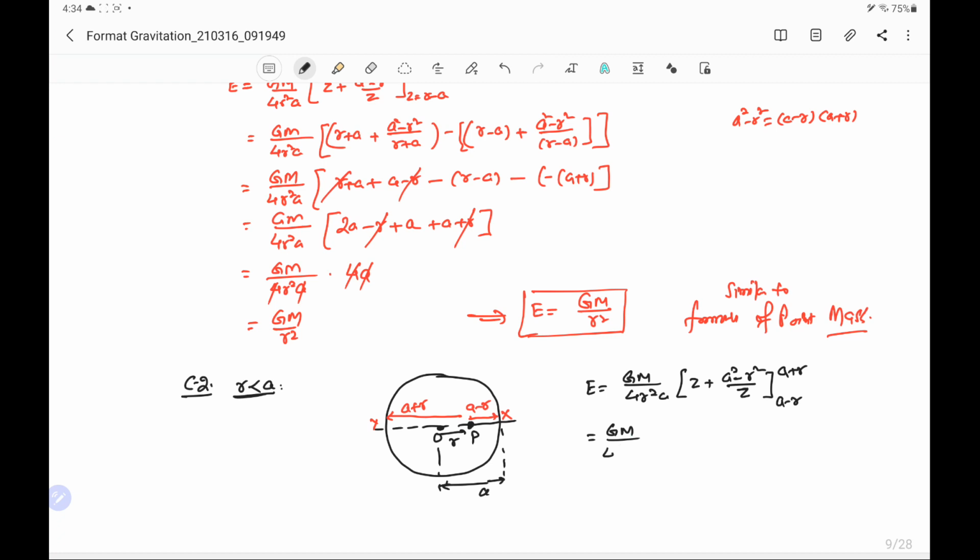It will be GM by 4r square a, put the upper limit a plus r plus (a square minus r square) by (a plus r), minus the lower limit, a minus r plus (a square minus r square) by (a minus r), and simplify it.